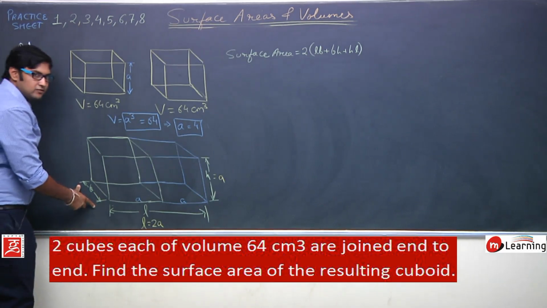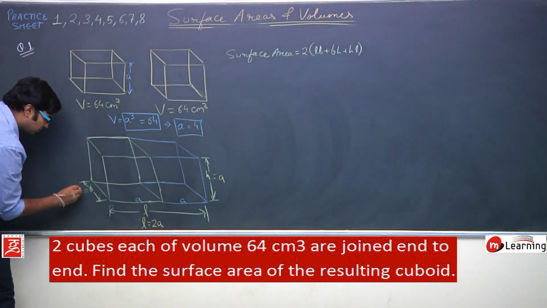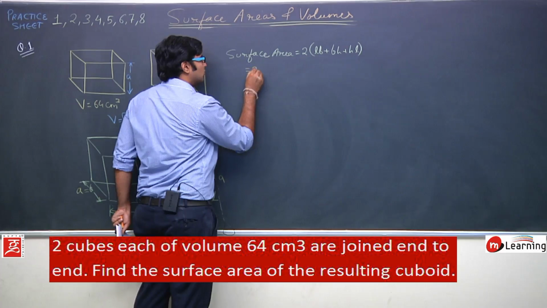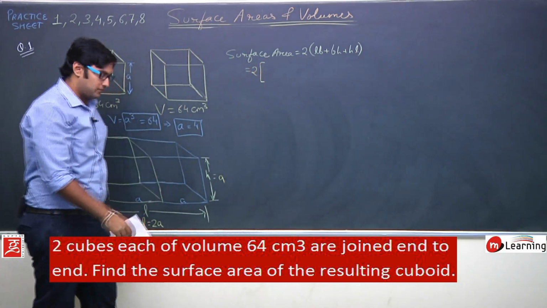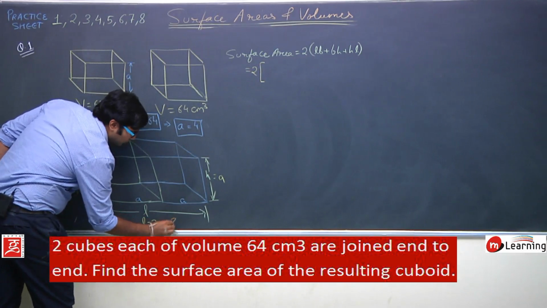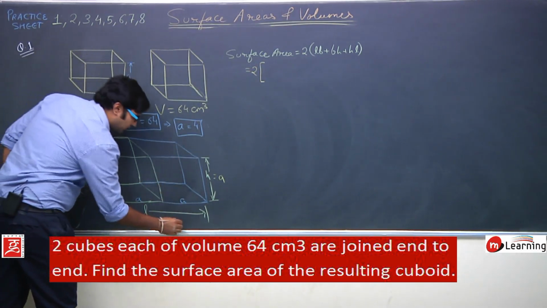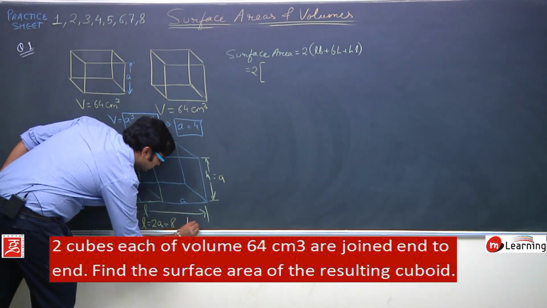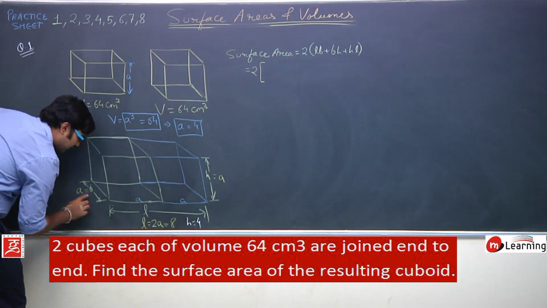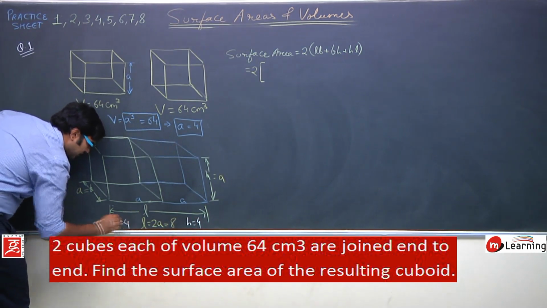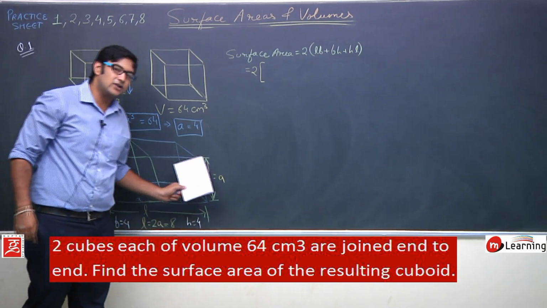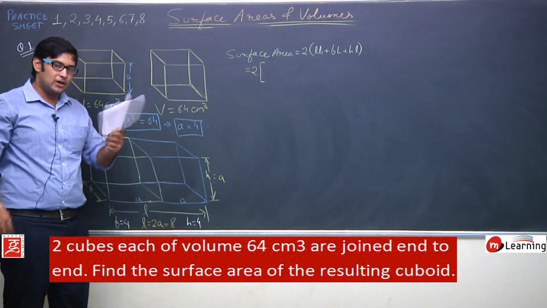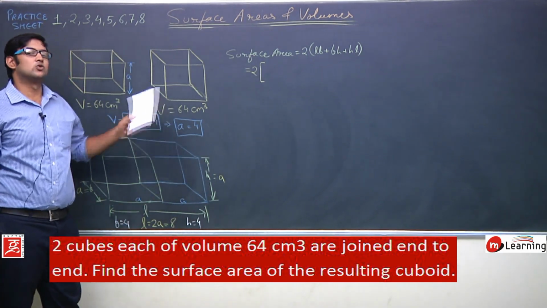Similarly, the breadth B is equal to A. So L is 2A, which is 2 into 4, that is 8. H will be 4, and B is again 4. The breadth of this cuboid is 4, the height is 4, and the length is 8, double the side of this cube.